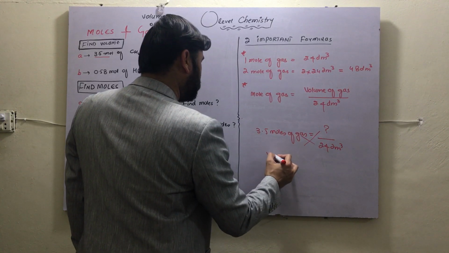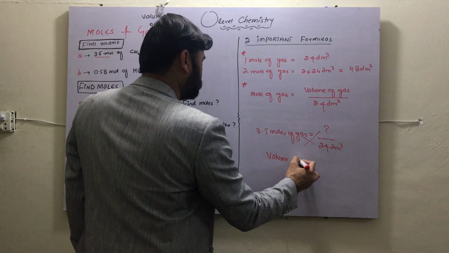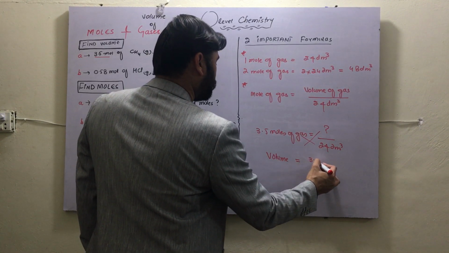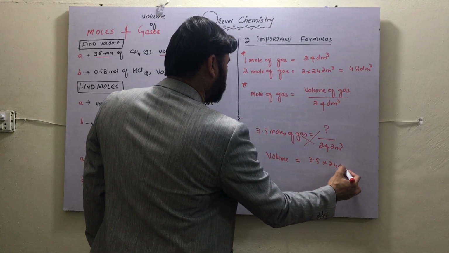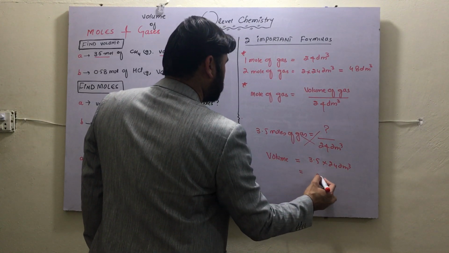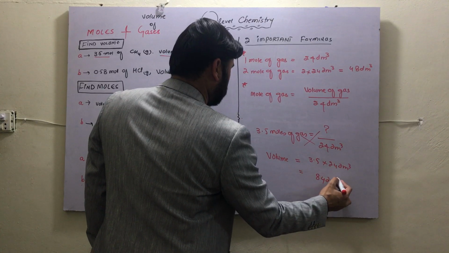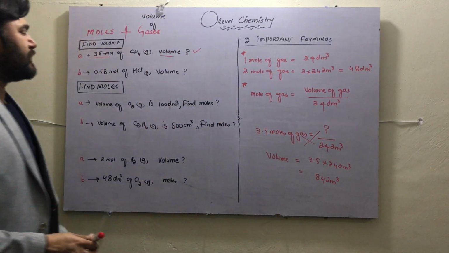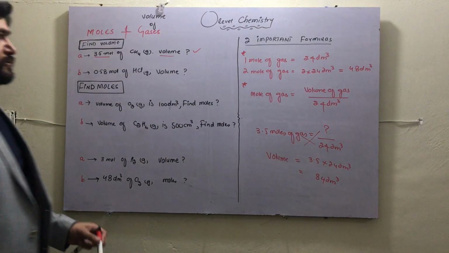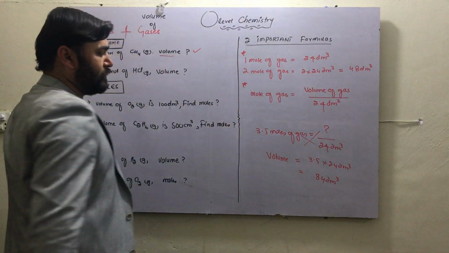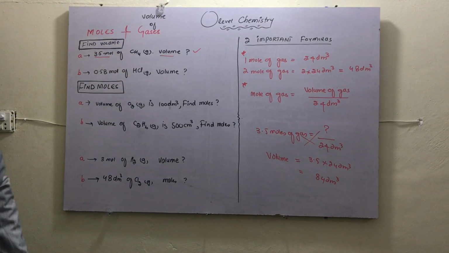The volume will be 3.5 multiplied by 24 dm cube, so the answer is 84 dm cube. So these questions can be solved from both equations. This was the first question.